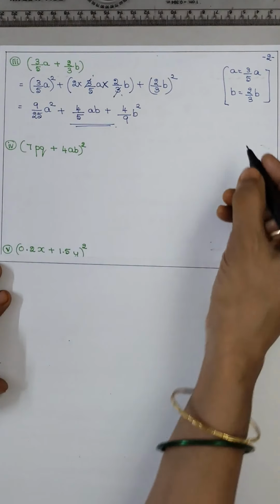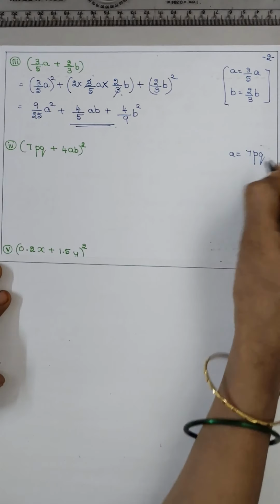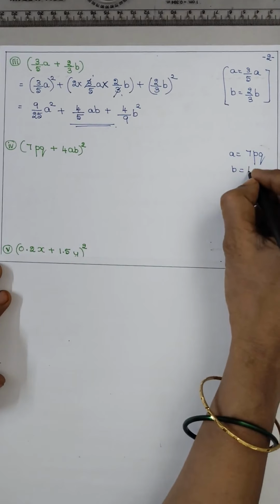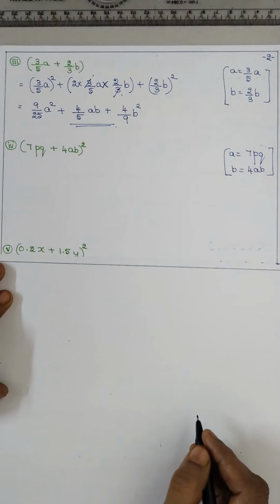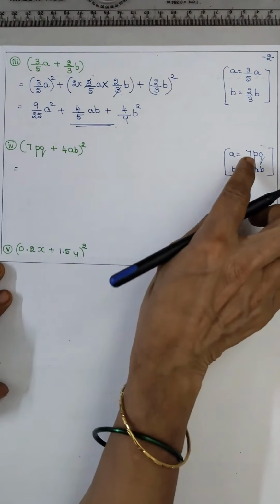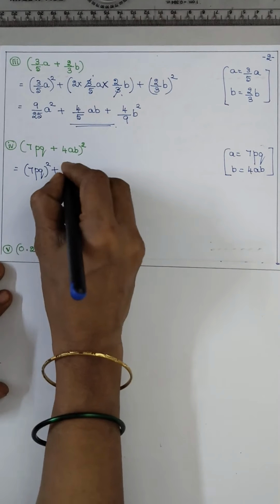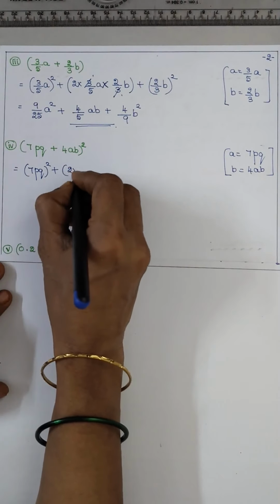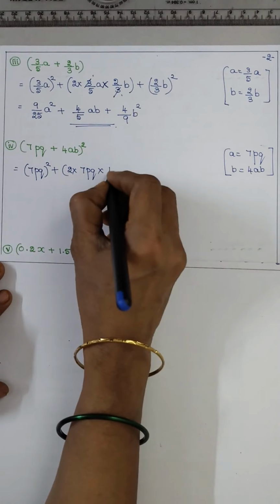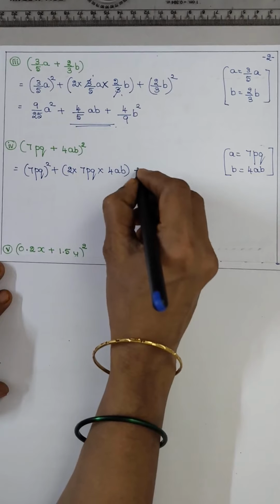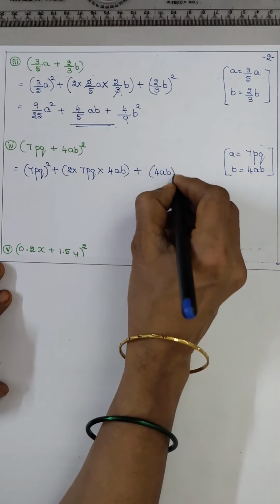Now coming to the fourth sum, a is equal to the first term, 7PQ, b is equal to the second term, 4AB. Now a squared, 7PQ the whole square, plus 2ab, 2 into a is 7PQ, b is 4AB, plus b squared, that is 4AB the whole square.